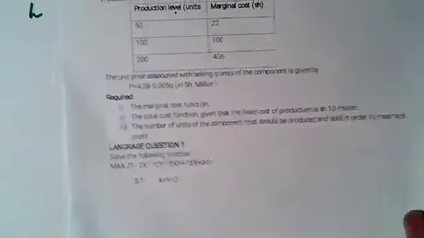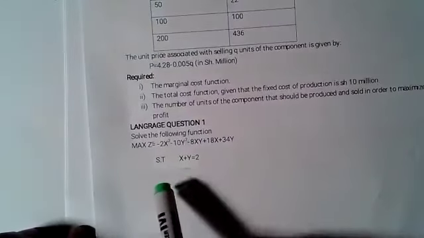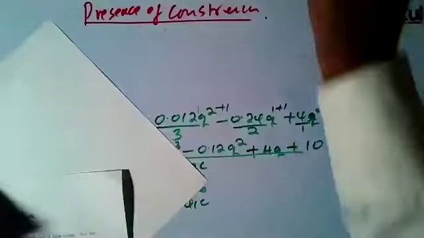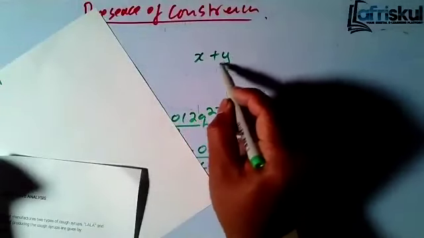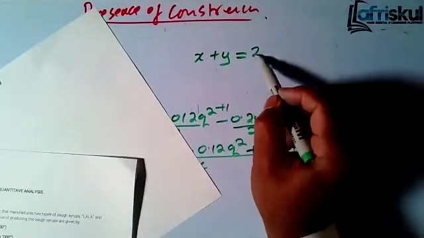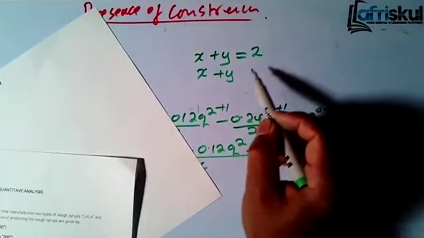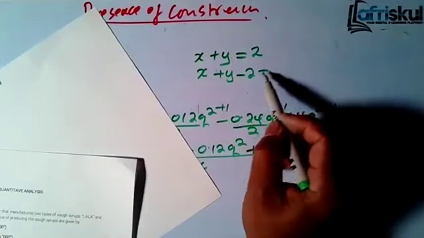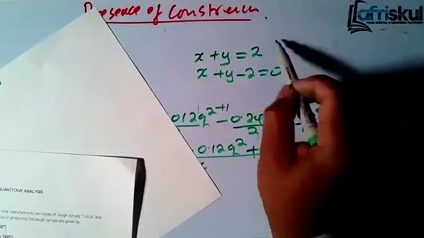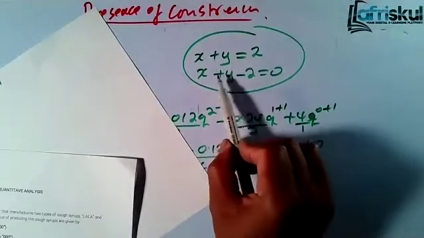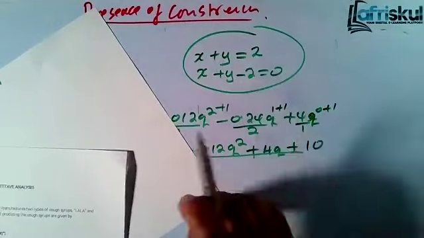This is what you do. You maximize that subject to, say, x plus y is equal to 2. If you're told that x plus y is equal to 2, it is the same as writing x plus y minus 2 is equal to 0. You take the other side over, so x plus y is equal to 2 is the same as writing x plus y minus 2 is equal to 0.